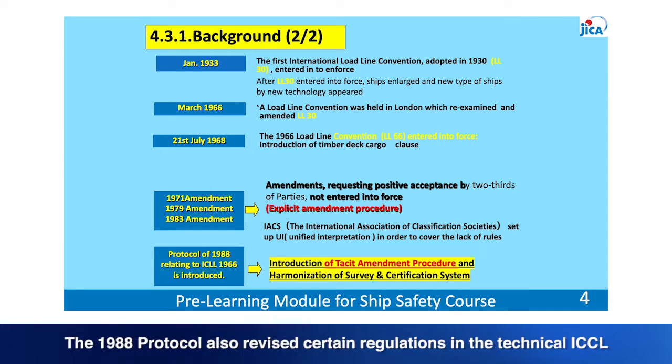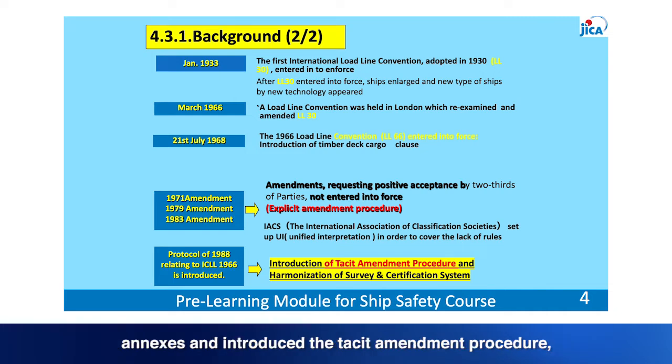The 1988 Protocol also revised certain regulations in the technical ICLL annexes and introduced the tacit amendment procedure, through which adopted amendments enter into force 6 months after the deemed date of acceptance, unless they are explicitly rejected by 1/3 of the parties. The date from adoption to deemed acceptance is usually 2 years.